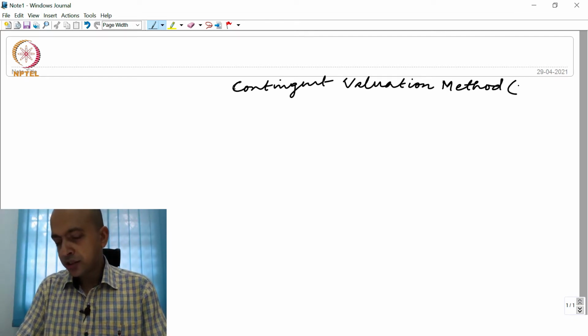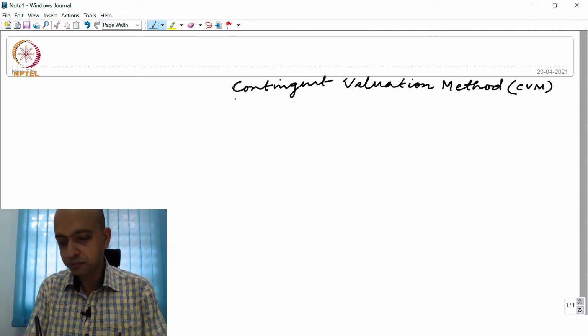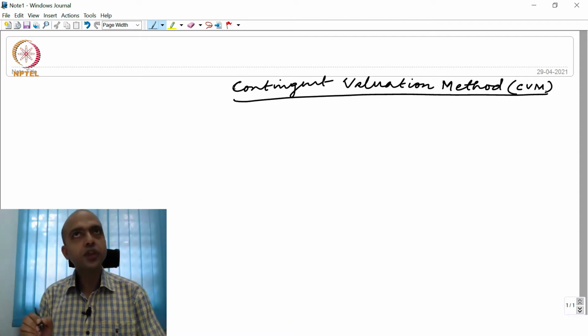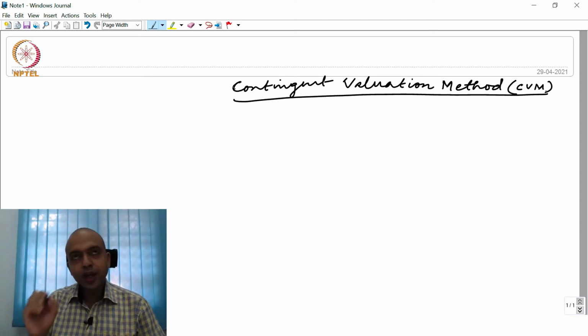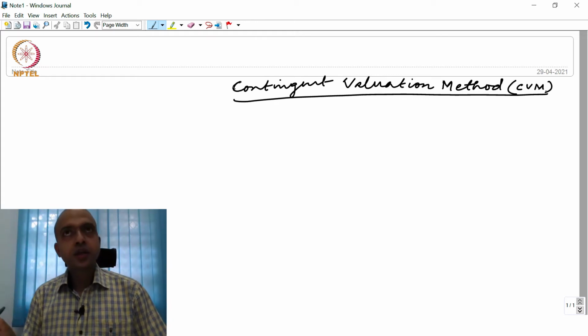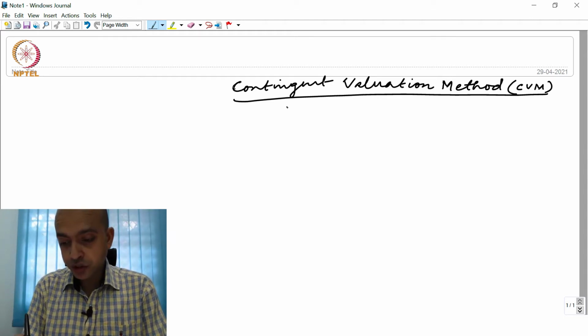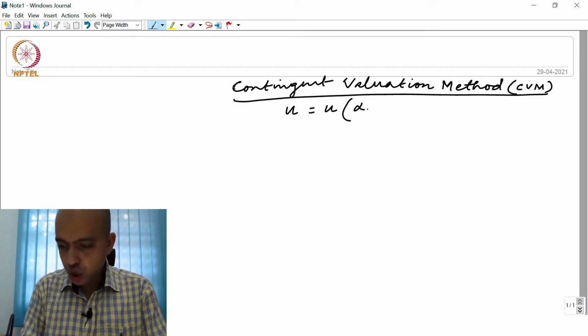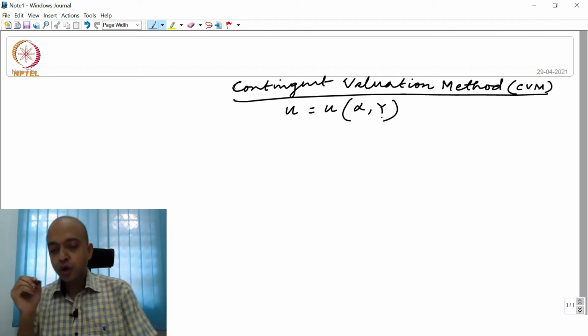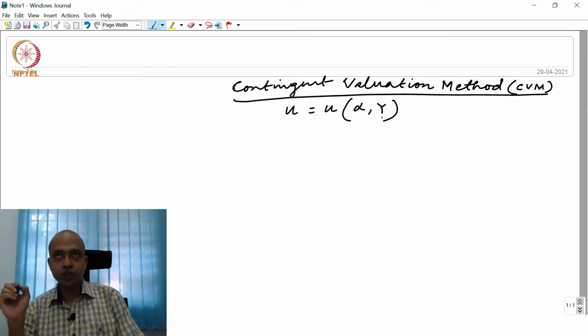In short, contingent valuation method is known as CVM. At the core of this methodology, there is a utility function wherein we assume that an individual's utility is a function of environmental quality, let's say alpha, and the individual's income y, which is known as a composite commodity.